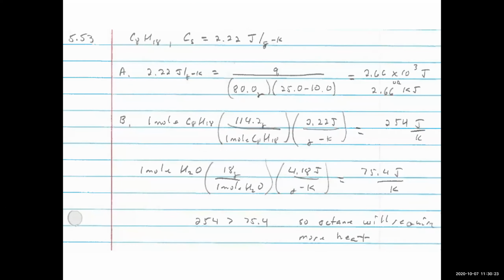553. Okay, in this they're telling us the specific heat of octane is 2.22 joules per gram Kelvin. And they want to know how many joules of heat are needed to raise the temperature of 80 grams from 10 to 25 degrees.